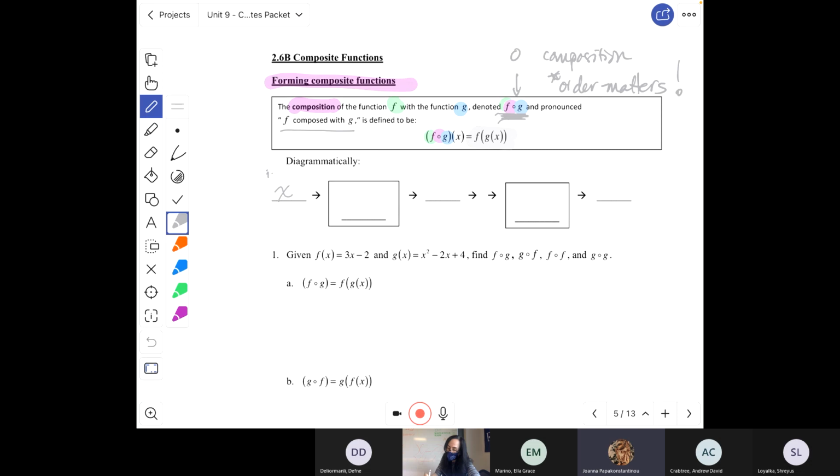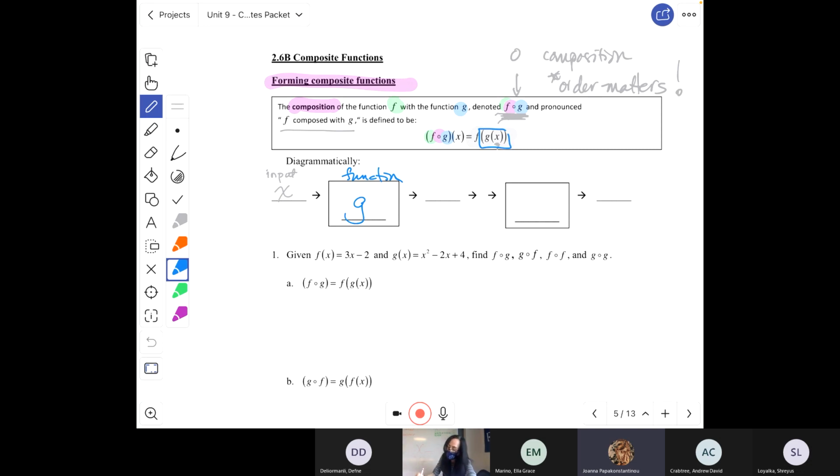My input from the inside is x. That is my input to my function g. Okay, do you see? If I just look at this part here, I just have g of x. So I have domain values x, which I'm feeding into the function g.